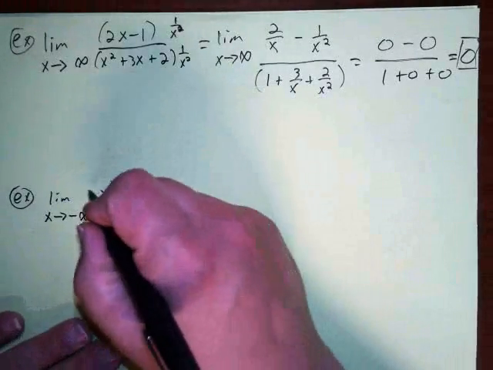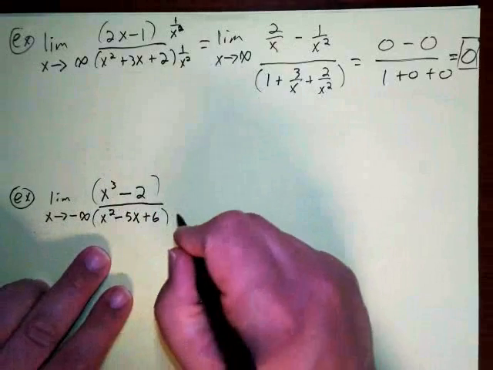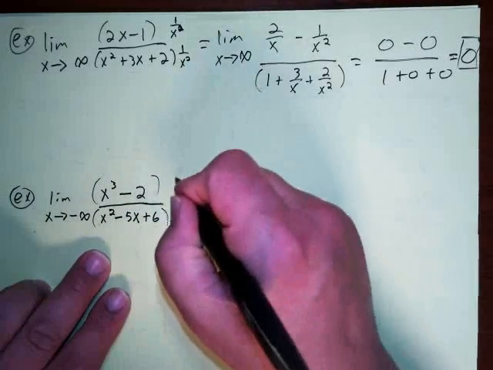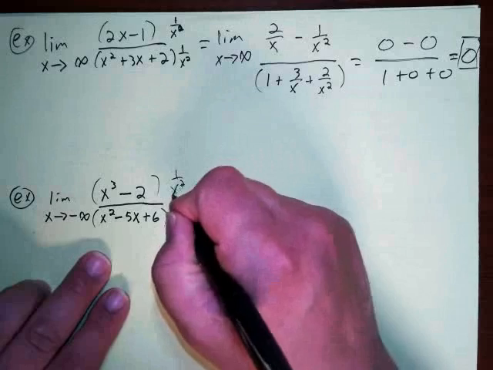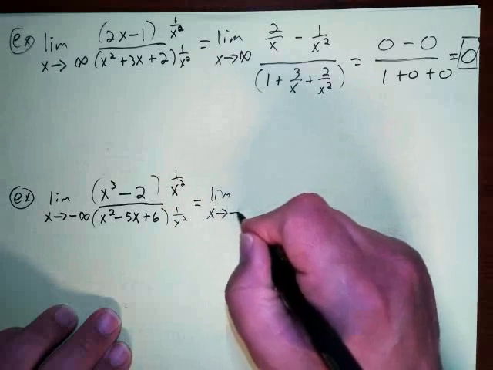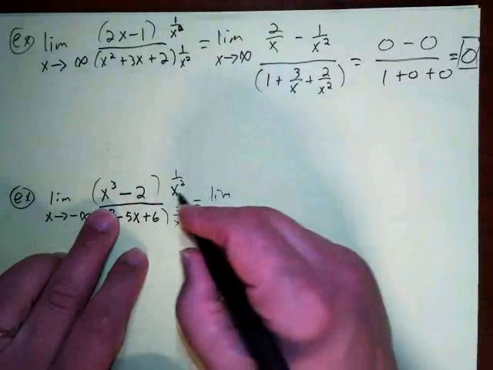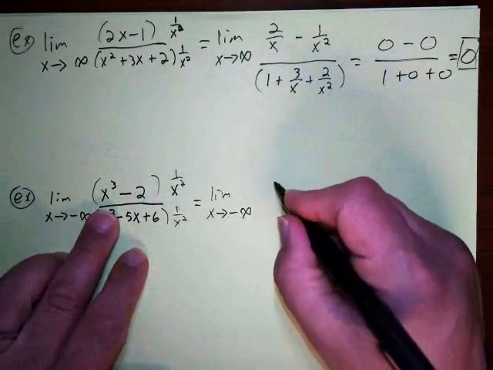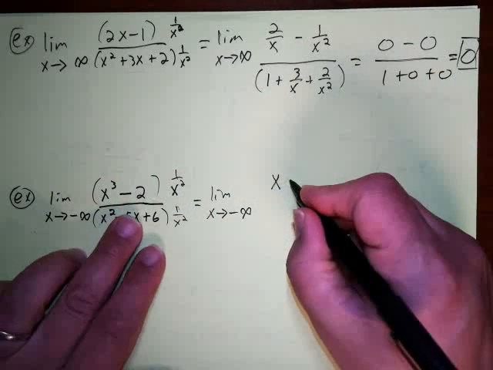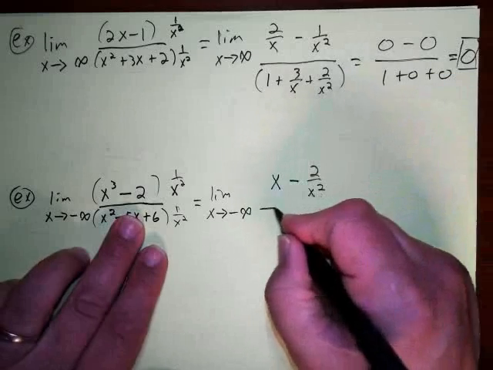Let's use our rules, and so the denominator is an x squared, so let's divide both top and bottom by 1 over x squared. Okay, so now we get the limit as x goes to negative infinity, and the x squared on the bottom is going to cancel out, leaving you with just x, and this will be minus 2 over x squared.